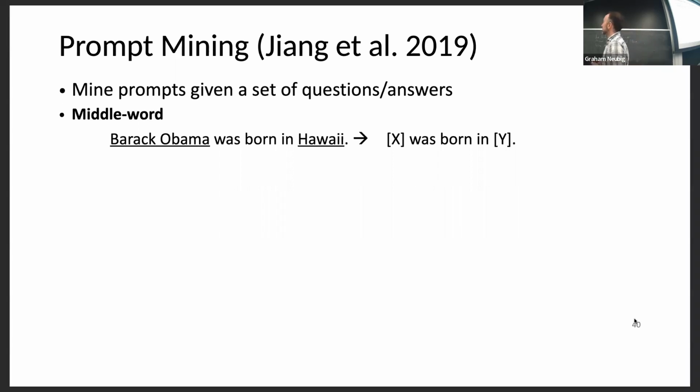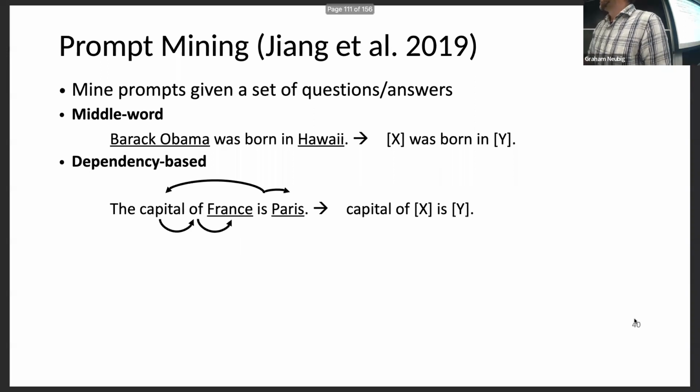We can either extract all of the middle words that appeared between these entities, or we can do something more complicated, like predict the syntactic structure of each of the sentences and extract based on the syntactic structure to get more complicated prompts. This is particularly useful for generating cloze prompts, but you could use it for prefix prompts as well.